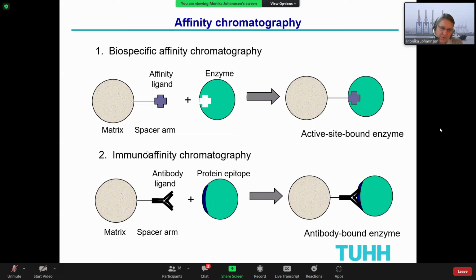Or if we look at immunoaffinity chromatography, our ligand will be an antibody which interacts with the protein epitope and builds an antibody-bound enzyme in this case.